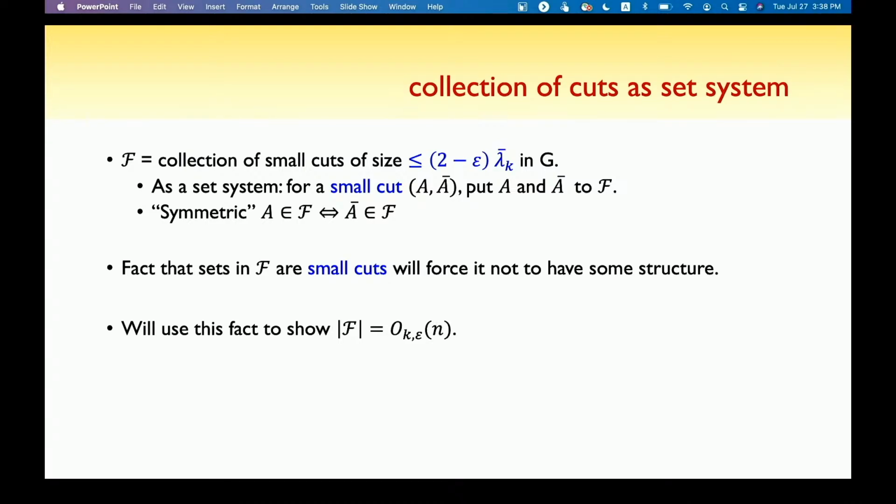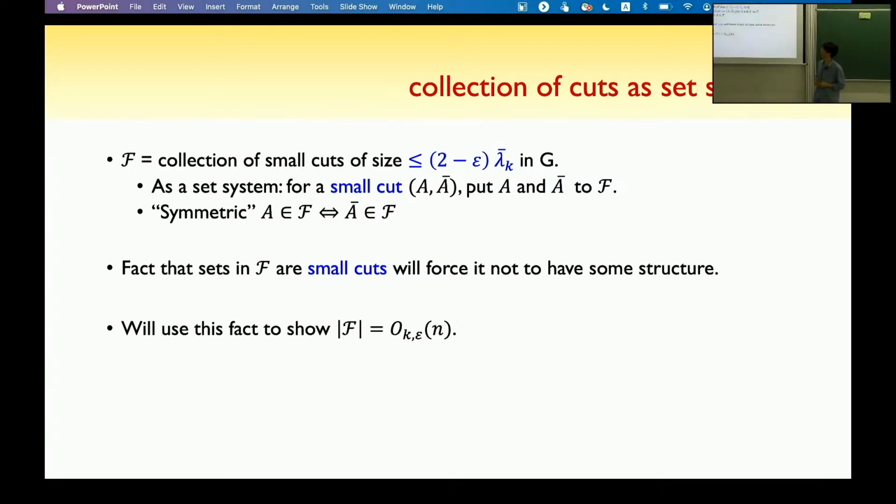The way we will prove this statement is simple. We're going to view the collection of cuts as a set system. If you have a small cut that separates A and A complement, then I'm going to put A and A bar into our collection F. So it's symmetric: if A is in F, then A bar is in F. Then we use the fact that all these sets in F come from small cuts, and this fact will force F not to have some substructures.